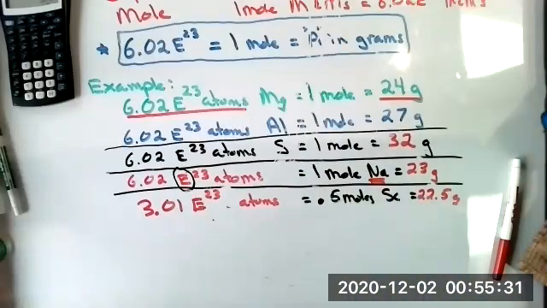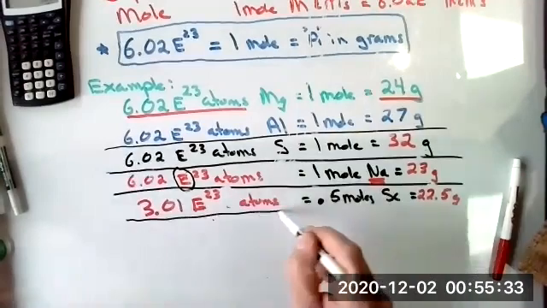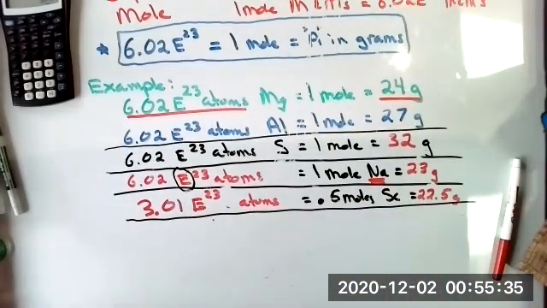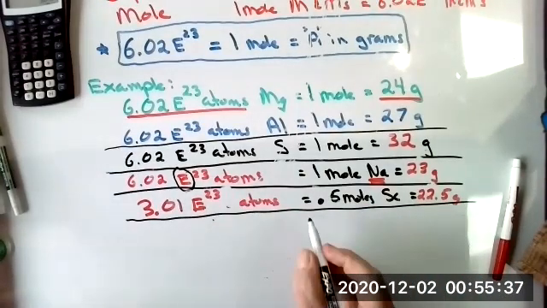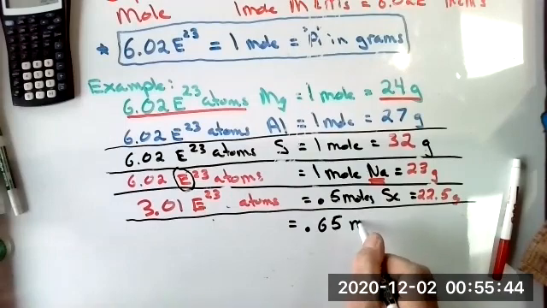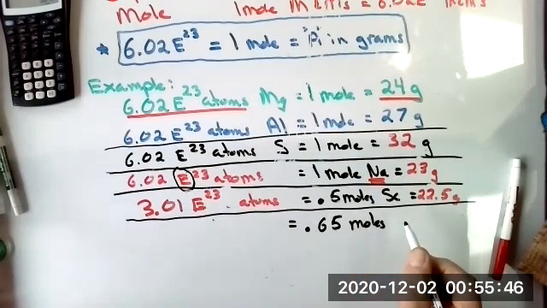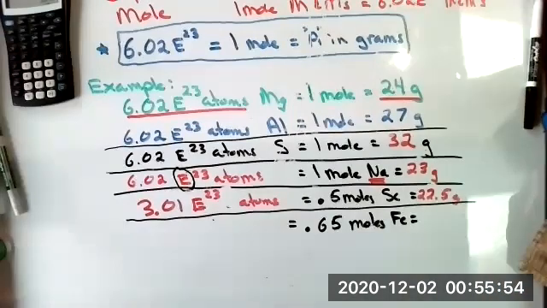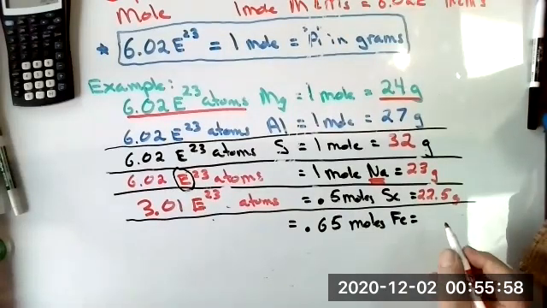I think you better sit down for this. Here's the problem we're going to have. Let's say I give you 0.65 moles, and I'm going to pick iron this time. Yeah, now you're going to want to cry. 0.65 moles.